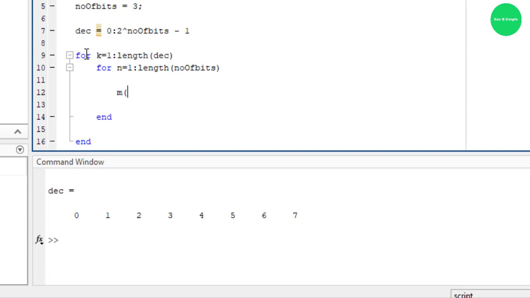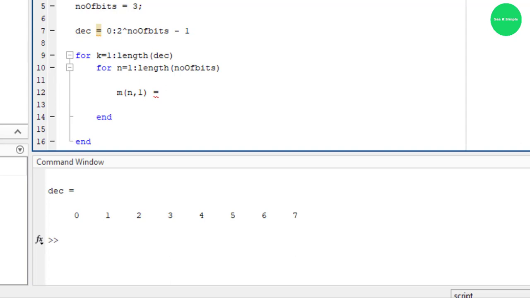We first take the first one, and we have to store it in the array. That's why I use n equal 1 at the first bit. You can see n equal 1, and we have to use the mod operator.